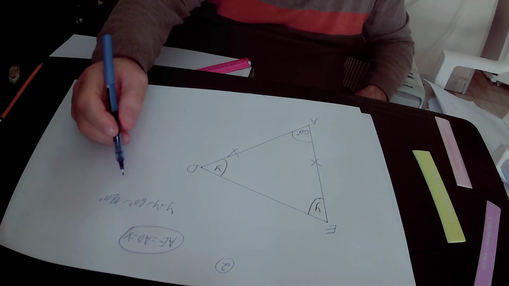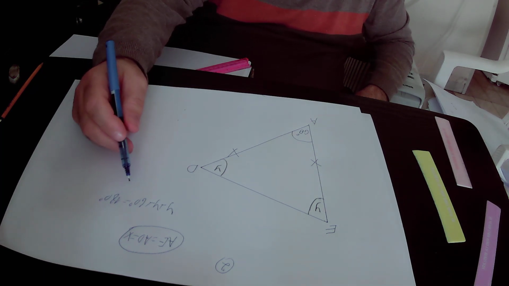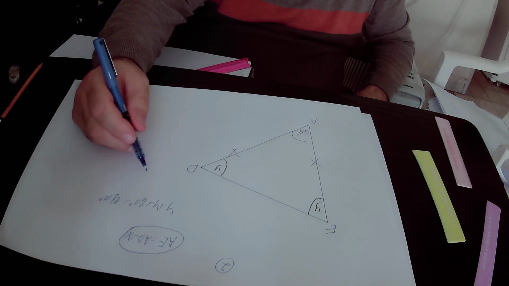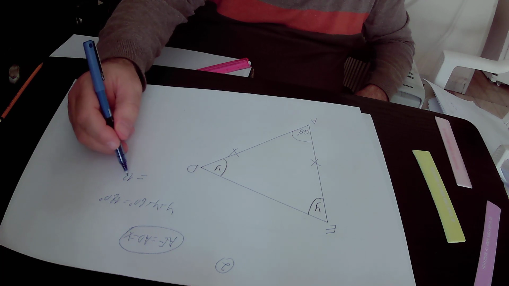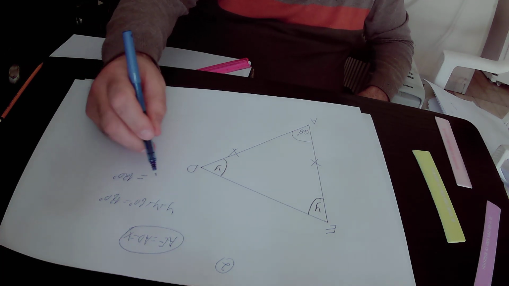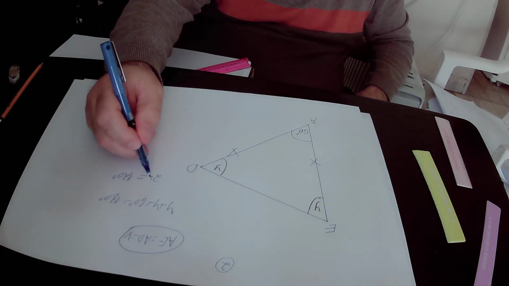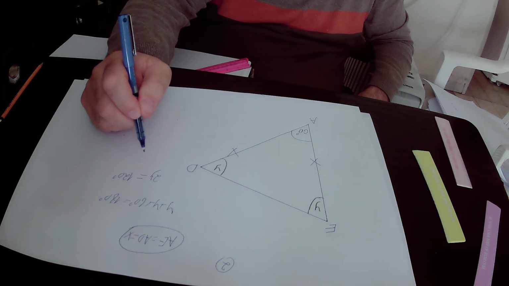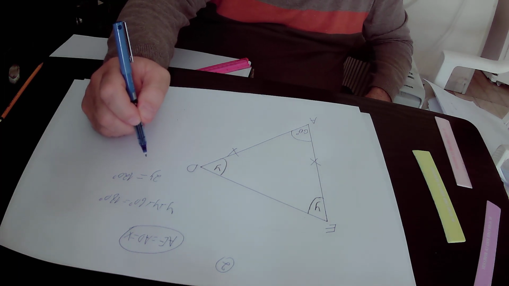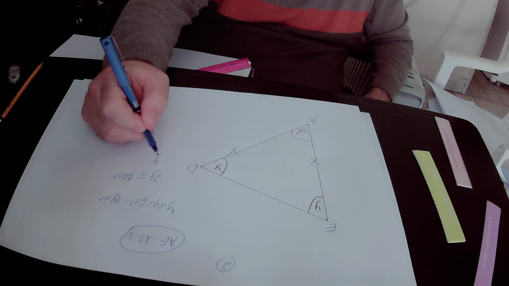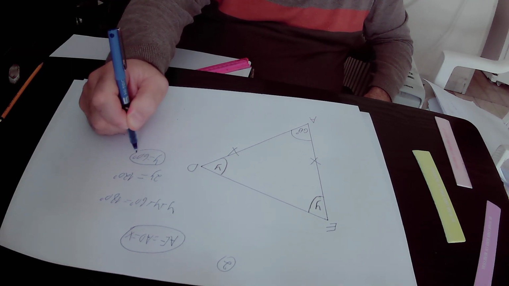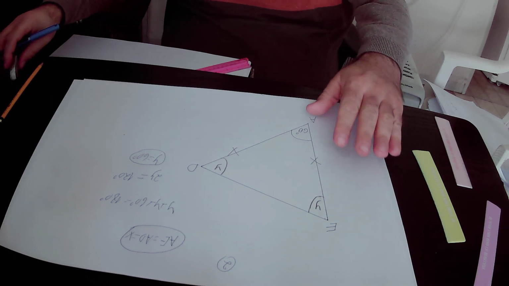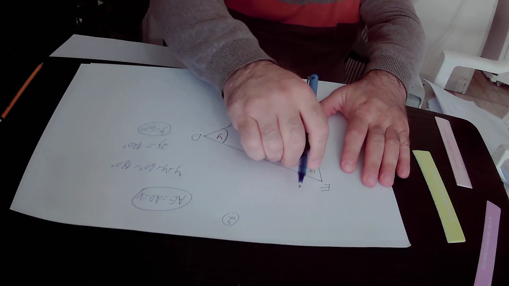We will subtract 60 degrees, and 180 degrees minus 60 degrees is 120 degrees. Y plus y is 2y, so we found out that 2y equals 120 degrees. We will divide this equation by 2 and we get that angle y equals 60 degrees. We will substitute y by 60 degrees.